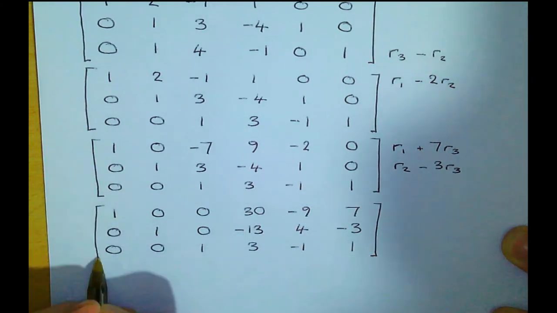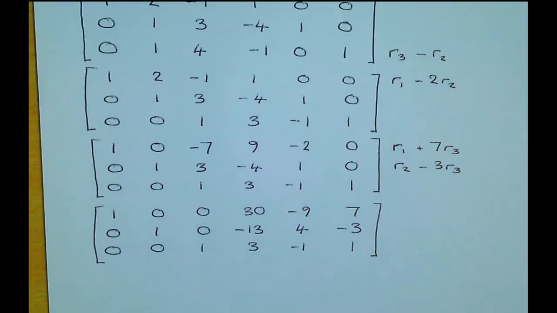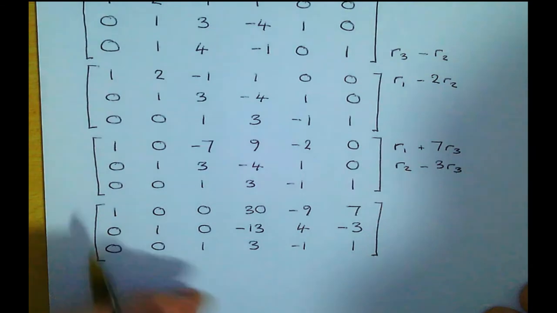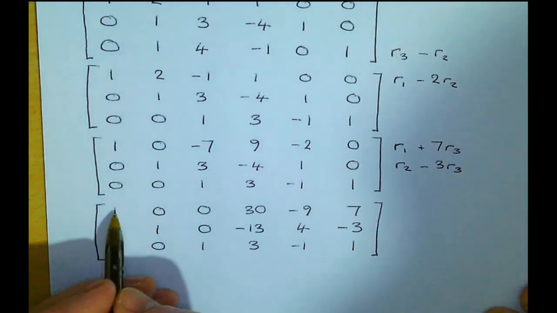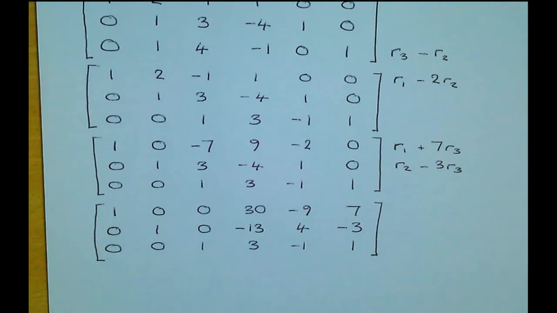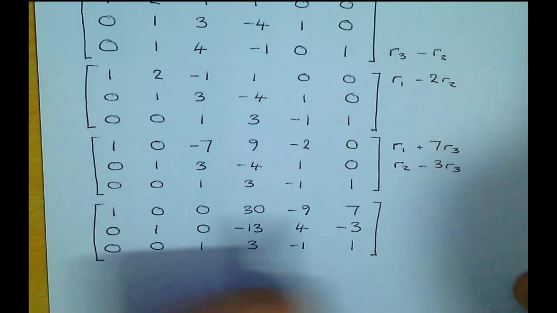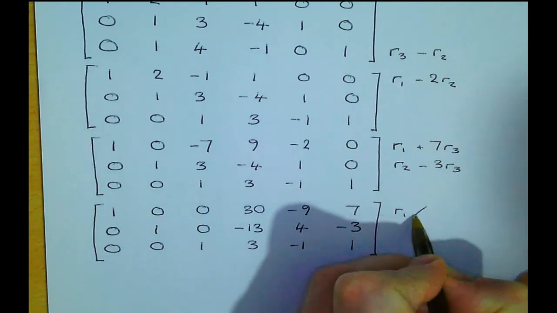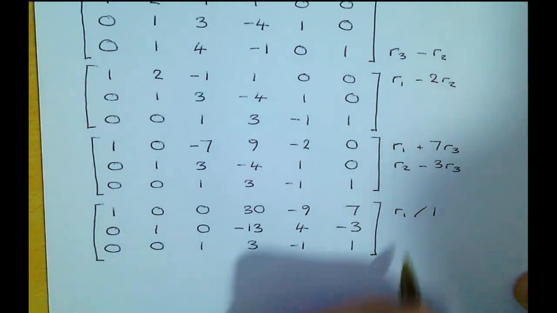We should at this point have a diagonal matrix on the left, and indeed we do. In fact, we have the identity matrix on the left. If we'd had non-1 entries in this diagonal, we would simply have divided the relevant row. So strictly speaking, we take row 1 and divide by 1. We take row 2 and we divide by 1.